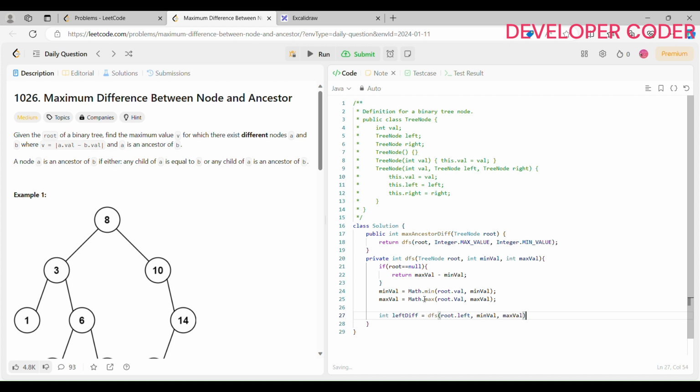And how am I going to get the right difference? Right difference is equal to DFS of root.right, with the minimum value and maximum value.